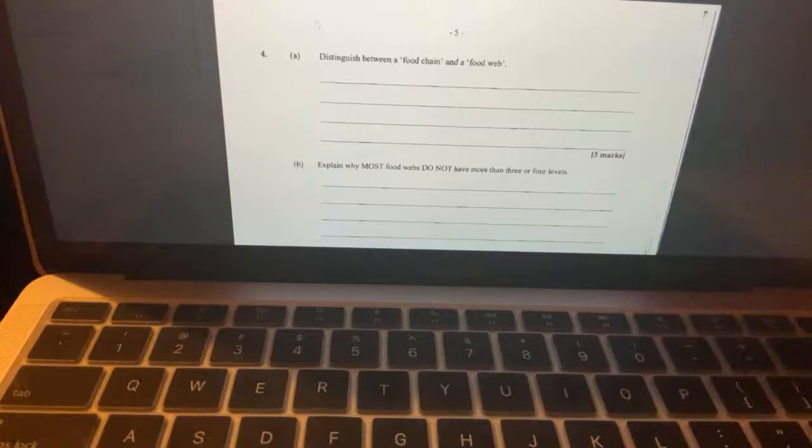All right, so let's check the chat. Checking the chat, you guys are coming up with some lovely answers here, but bear in mind that we are not using definitions to distinguish. Distinguish means to provide differences, right? So don't use your definition to define.